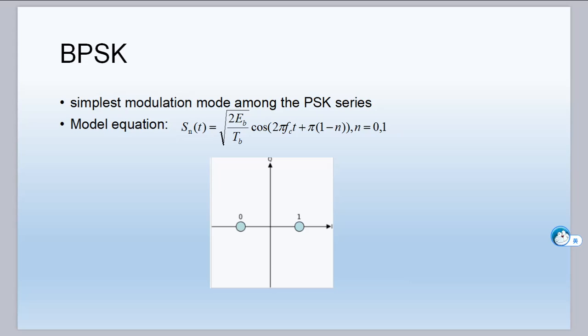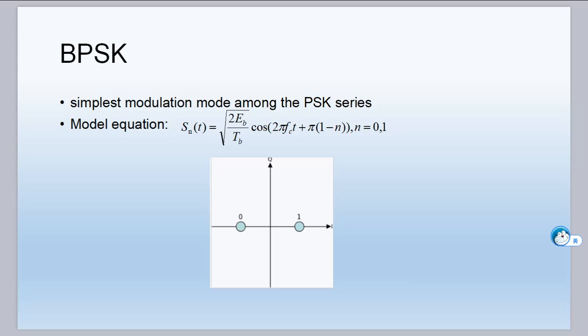So in the equation here, we can see that there is only one bit, so the conditions can be 2, because it's B, not Q. If we substitute n into the equation, we can get the phase of the model will be pi or 0. So the phase of the signal will be inverse, from 0 degrees to 180 degrees.